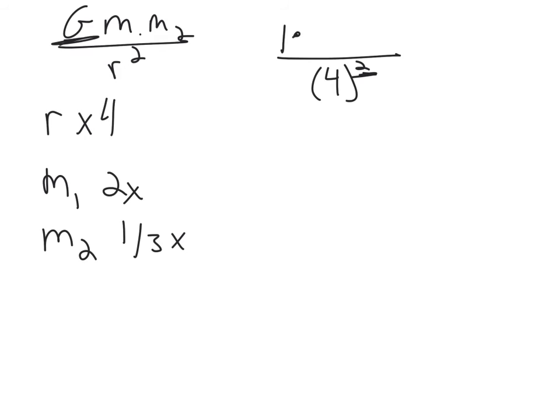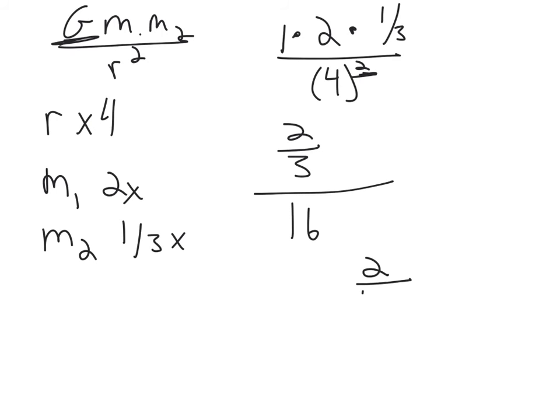And the mass 1, it said, doubled. And mass 2 was multiplied by a third. It is a third as big as it was. So what we're left with is 2/3 over 16, which ends up being 2 over 48, or 1 over 24. That means that whatever gravitational force was before is now a 24th of what it was.